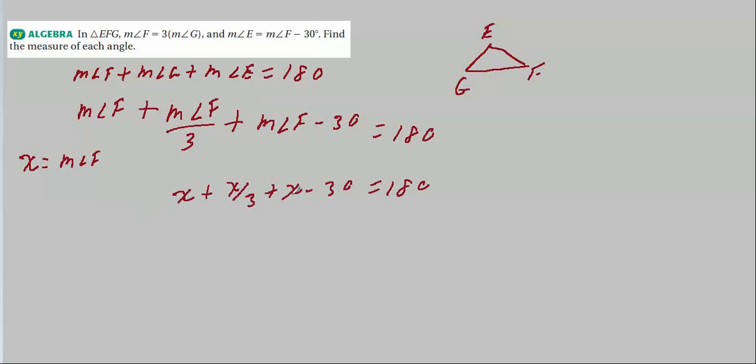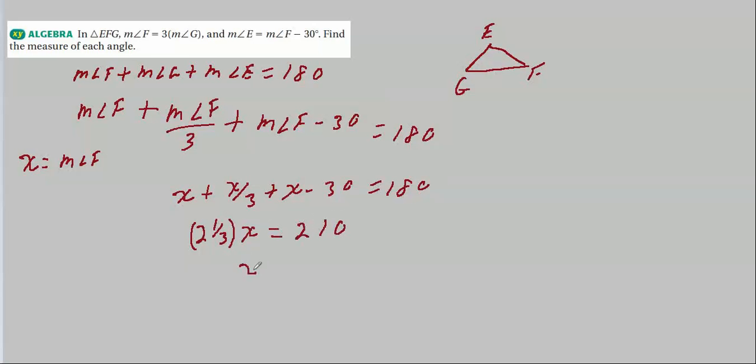So we get 2x plus 1/3, so what we have here is 2 and 1/3 x. Add 30 to each side. Equals 210.